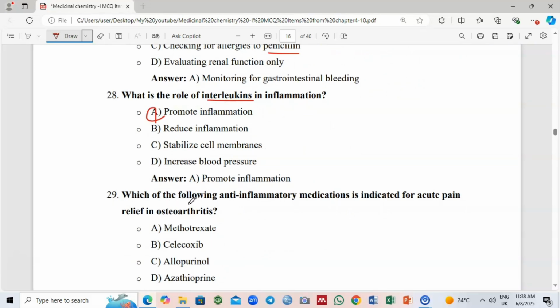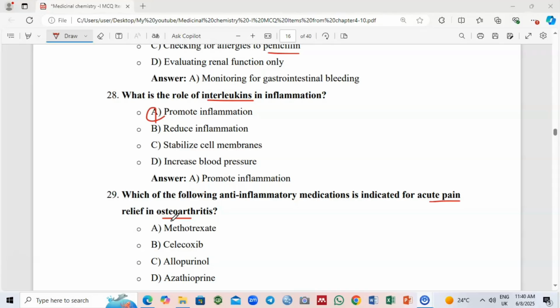Question number 29. Which of the following anti-inflammatory medications is indicated for acute relief of osteoarthritis? A, methotrexate. B, celecoxib. D, allopurinol. D, azathioprine. So as you know, osteoarthritis is a degenerative joint disease characterized by the breakdown of cartilage and changes in the underlying bone.